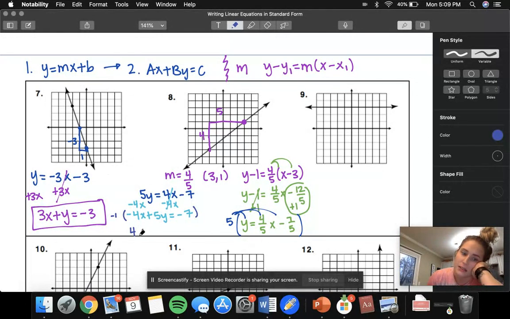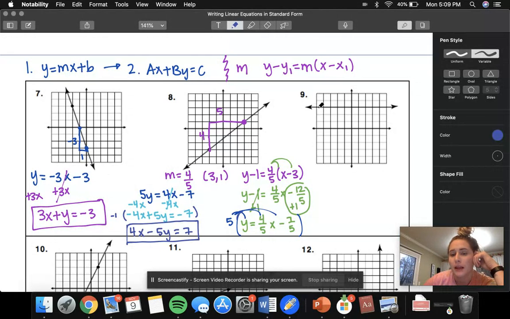This would become positive 4x, -5y, equaling a positive 7. So it's not the most easy, but to me, this looks a lot prettier than this does. Okay, so just being comfortable converting between all of them.